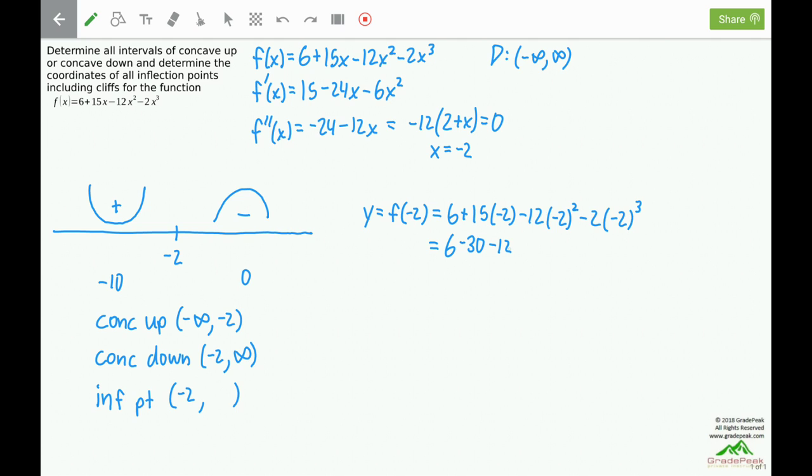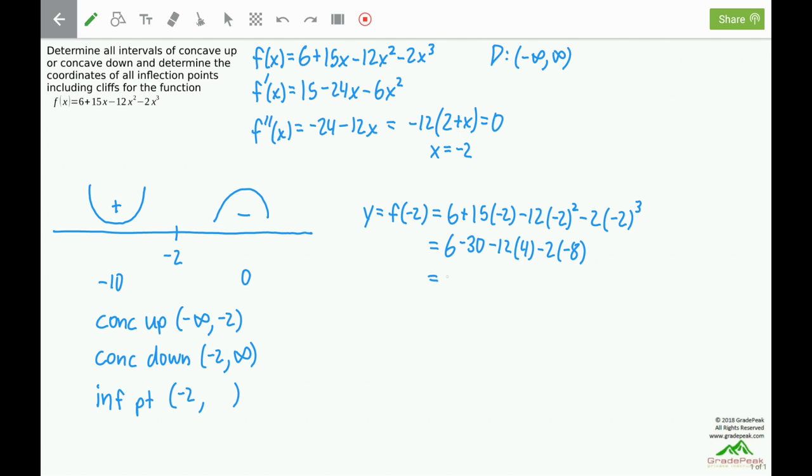And then we have a minus 12 times a negative 2 squared, which is a 4. And then a minus 2 times a negative 2 cubed. A negative to an odd power is negative, and then 2 cubed is an 8, so that'll be a negative 8 overall.